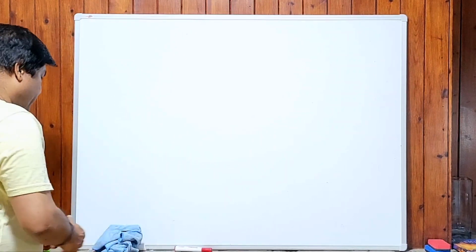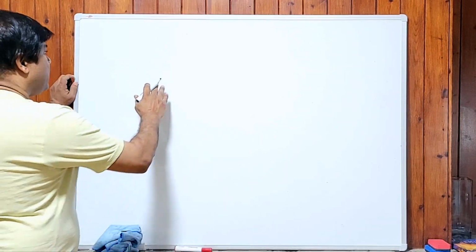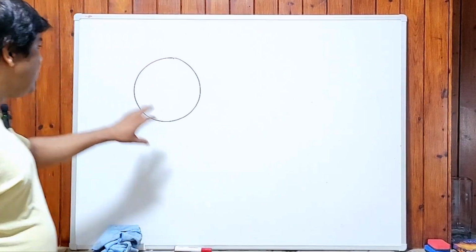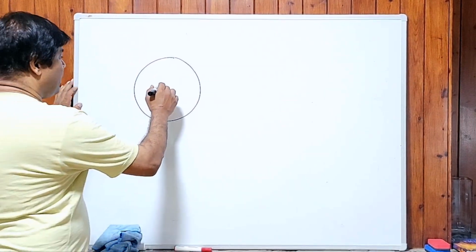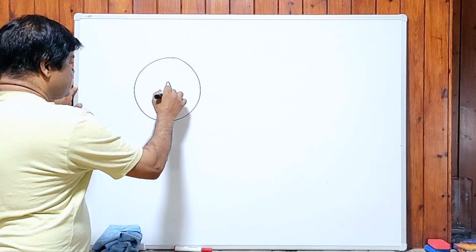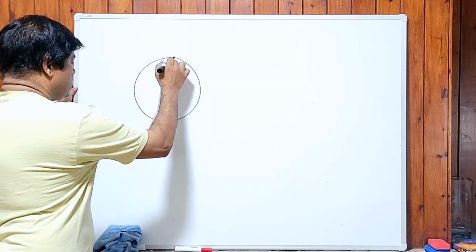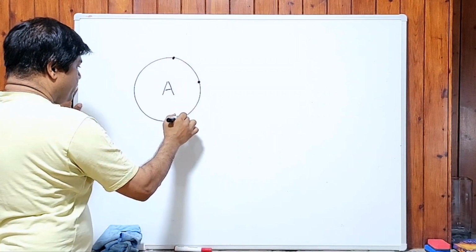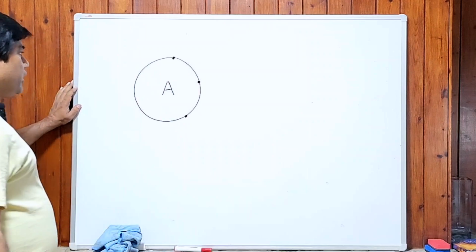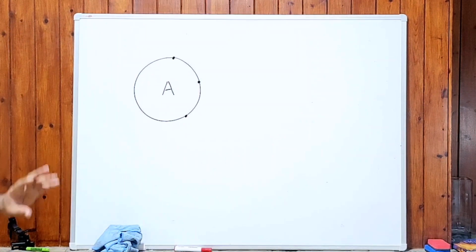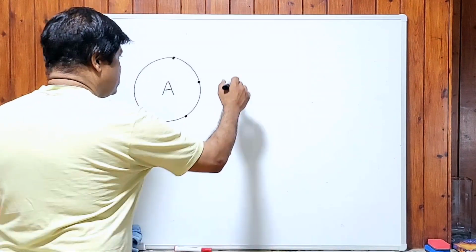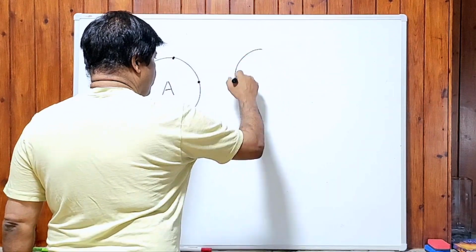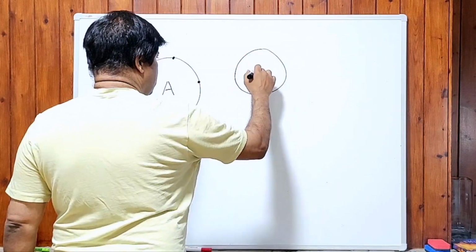Okay, look. Aluminum chloride. Aluminum has 3 electrons in the outer shell. And we know each chlorine has 7 electrons in the outer shell. You have to take 3 chlorine atoms.